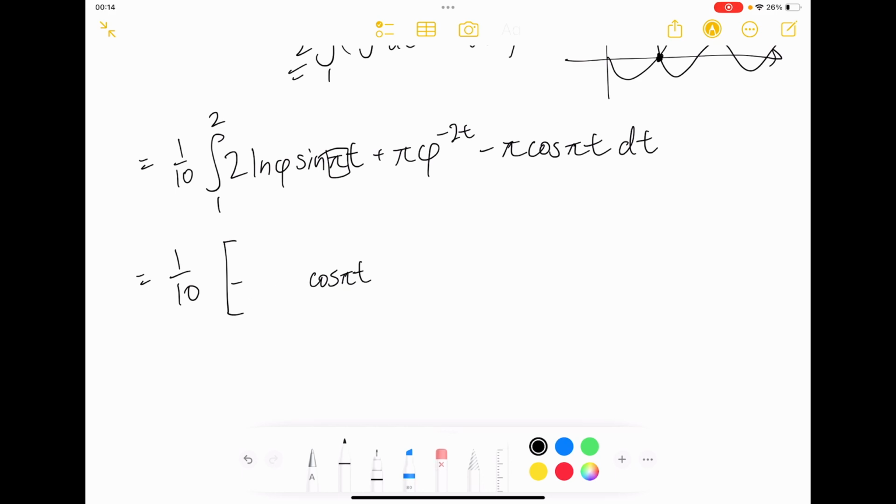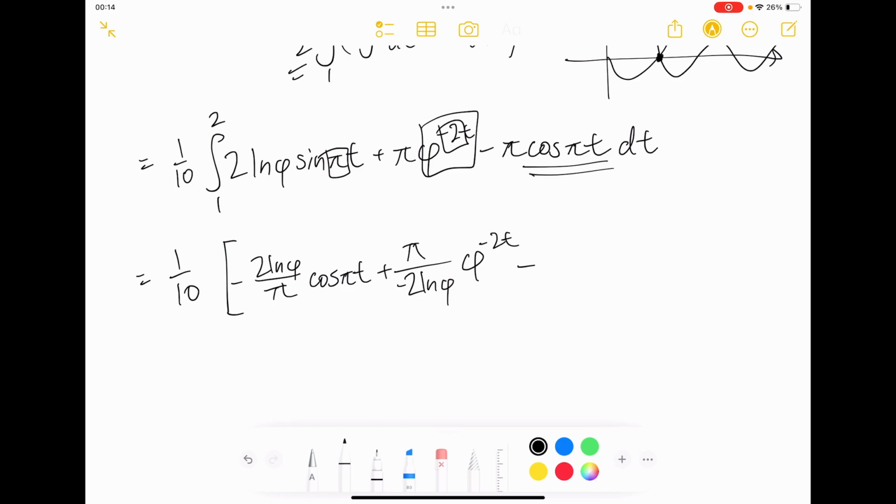And moving on, plus pi times, and integrating this, you'll have to divide by -2, so divide by the exponent, and divide by natural log of phi from the base, and then copy that down. Final one, we'll have cosine pi t. The integral is sine pi t, but we have to divide by pi. Coincidentally, we have a pi, so that's just sine pi t. Yep, and we're going from 1 to 2.